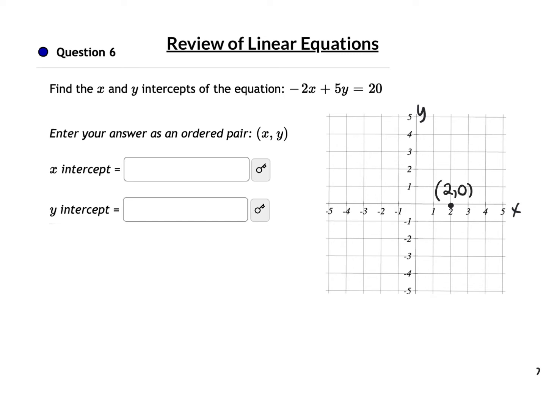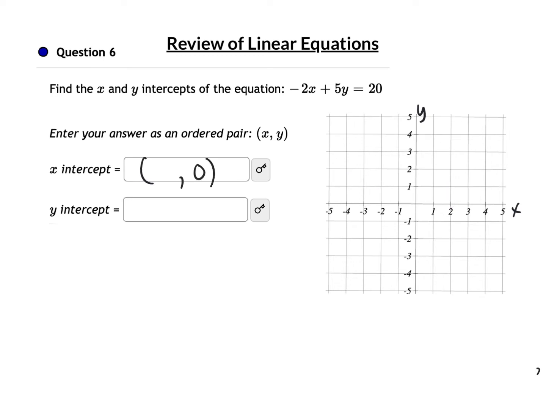And if I pick any other point, like right here, x is negative 3 and y is 0. The important thing is to recognize that if you're on the x-axis, you don't go up or down at all, and y is 0, meaning this point is going to be something, comma 0.